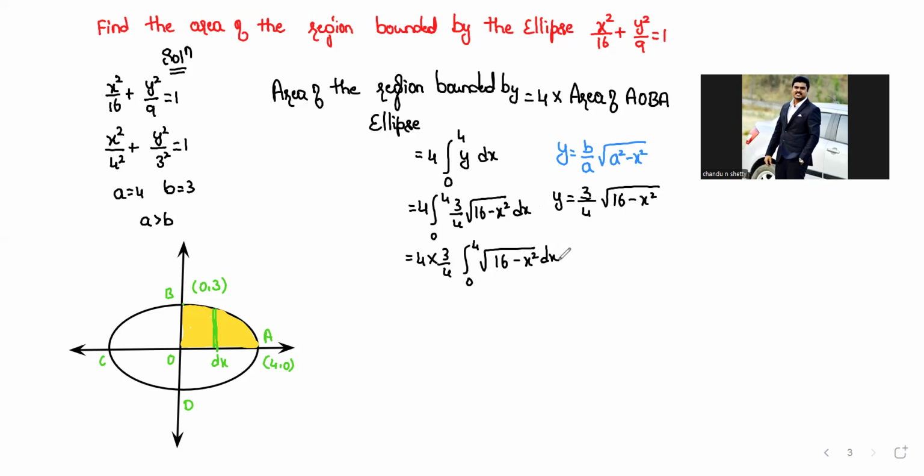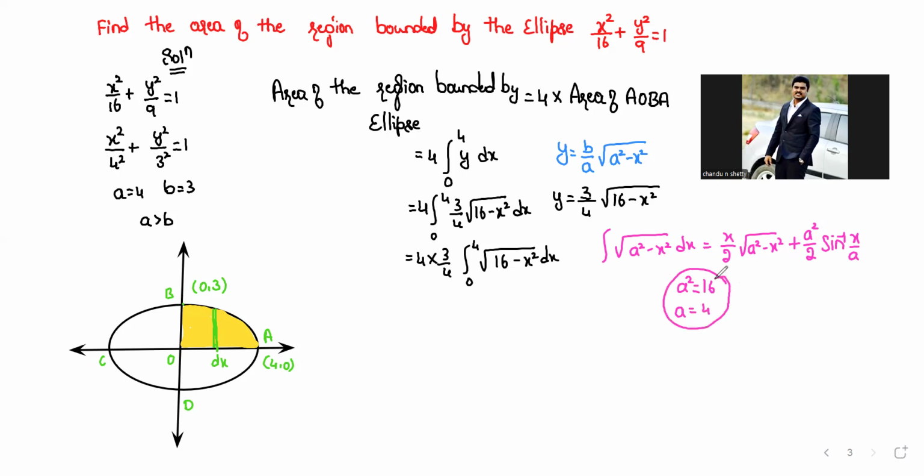Now I am applying the formula: the integral of square root of a square minus x square dx is equal to x by 2 square root of a square minus x square plus a square by 2 sine inverse x by a. Okay, my dear students, all of you should observe a square means 16, a equals 4. Carefully you should take this.